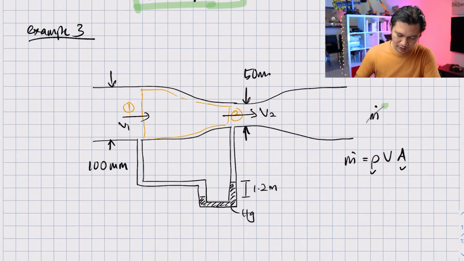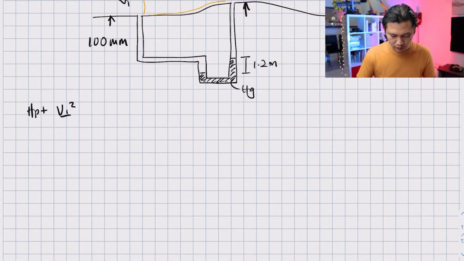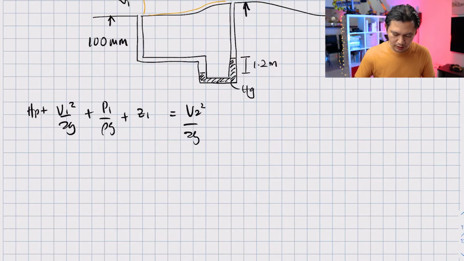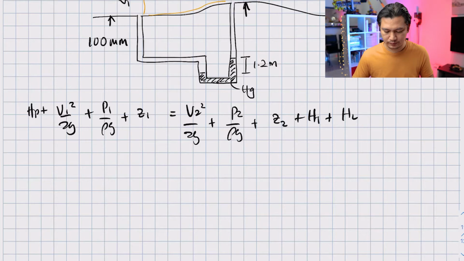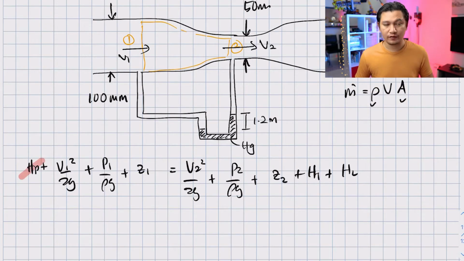Now, what is our velocity? So first of all, I'm going to write the energy equation. So this is HP plus V1 square over 2g plus P1 over rho g plus Z1 equal to V2 square over 2g plus P2 over rho g plus Z2 plus HT plus H losses. Now, obviously, there are a few parameters that we can immediately cancel out, which is HP, we have no pump here, and we also have no turbine, and we're also going to assume that losses is 0.